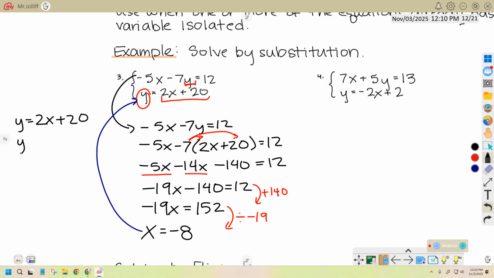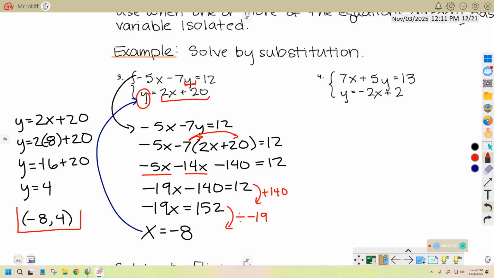I now know that x is equal to -8. 2 times -8 is -16. -16 plus 20 is 4. So my solution is at -8, 4. I can box that and be happy.